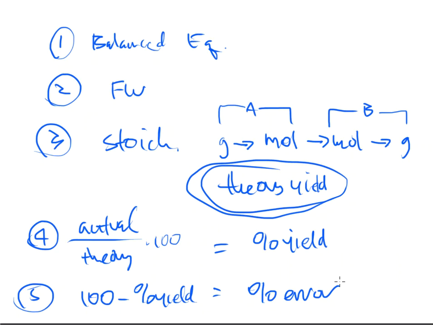You're going to have to double check them and make sure that they are or that they're not. Then you'll go through this process of calculating theory yield, which you've kind of already done. The only extra steps we're throwing into the picture now are percent yield and percent error at the very end. And that's the difference, and that's why we do them. How good are you? And then how bad are you? That's what it's all about.